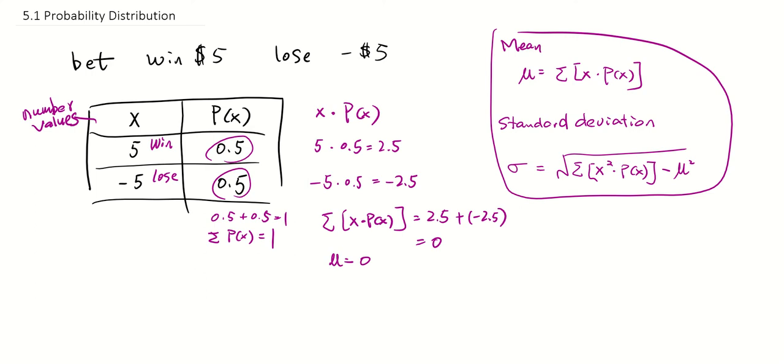So the mean of this probability distribution is 0. Okay, that's the mean. Sorry about that, I said standard deviation earlier. Now let's find the standard deviation of this probability distribution.